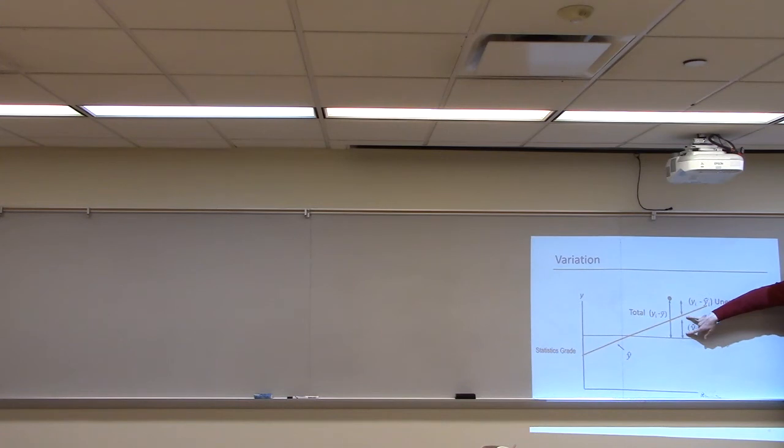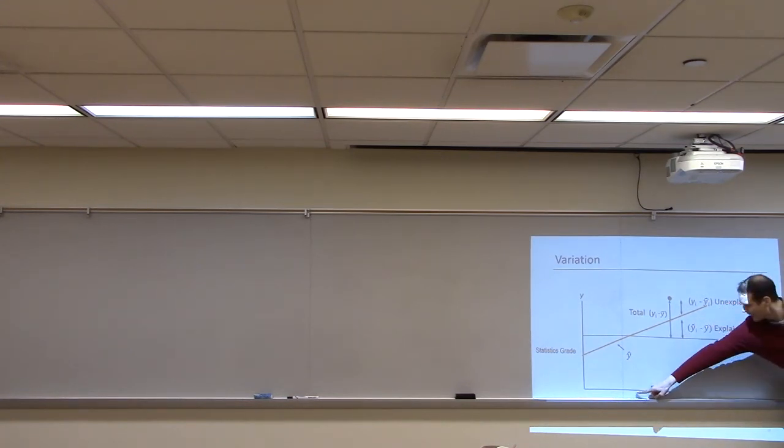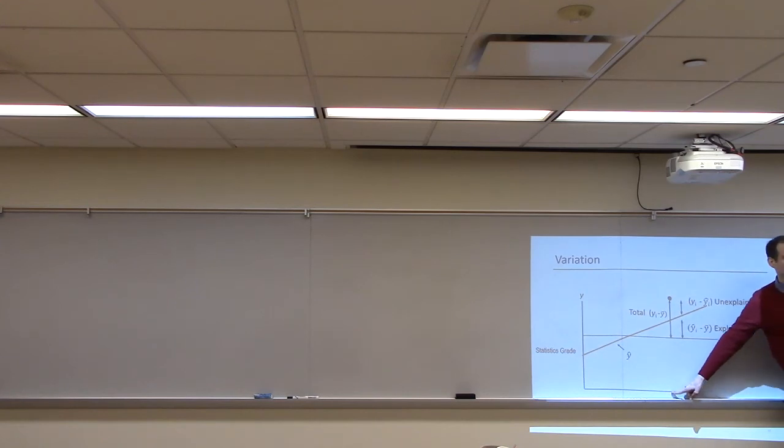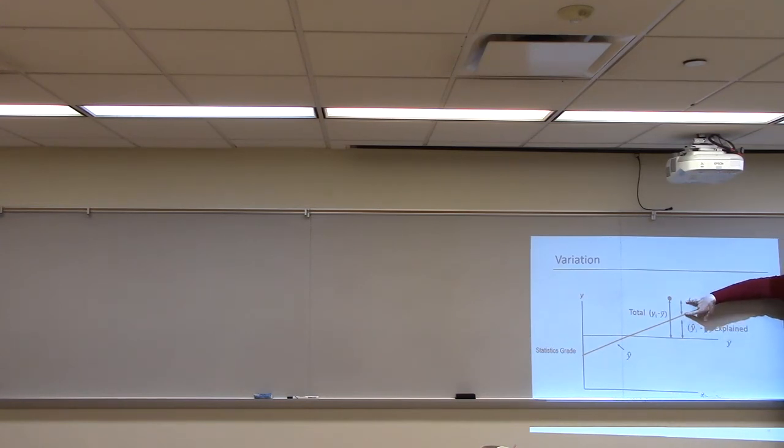We're able to say, well, we would expect that student to have a higher grade because look, that student spent this much time studying. But what does that leave up top here? Unexplained variation. So we think we know why the student got a grade this high, but we don't really know why the student actually got a grade this high.